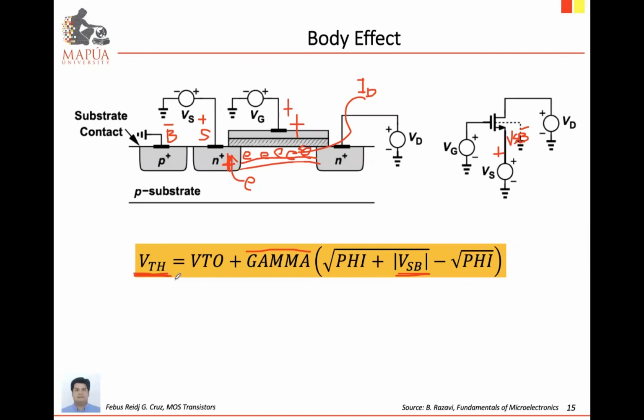In order to turn on the device, because of the VSB, you have to apply an additional voltage. Because of the voltage between the source and bulk, the resulting threshold voltage of the transistor increases. So as the VSB increases, the body effect says that the threshold voltage increases as well.